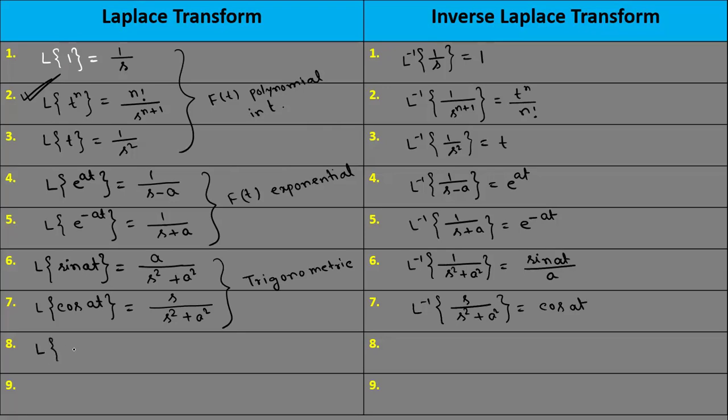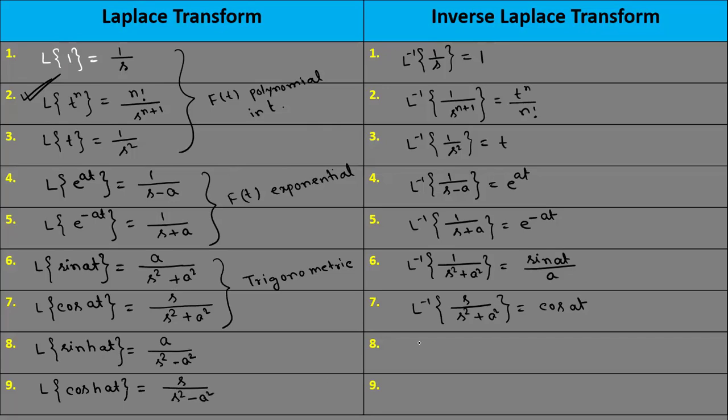Now, number 8. Laplace of sine hyperbolic at. When it is a hyperbolic function, the formula is almost the same. The numerator will be the same constant number a, but the denominator, which was s square plus a square, in the hyperbolic function will be s square minus a square. Similarly, Laplace of cos hyperbolic at equals s by s square minus a square.